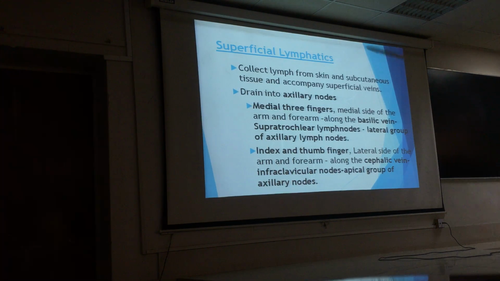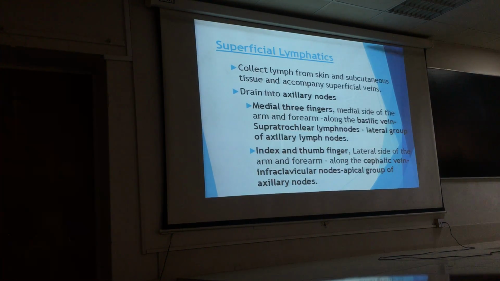But how do we divide? We take the medial three fingers, which will be closer to the basilic vein, and they will be draining into the lateral group of the axillary lymph nodes. Now, the supratrochlear nodes are the same as the cubital lymph nodes.